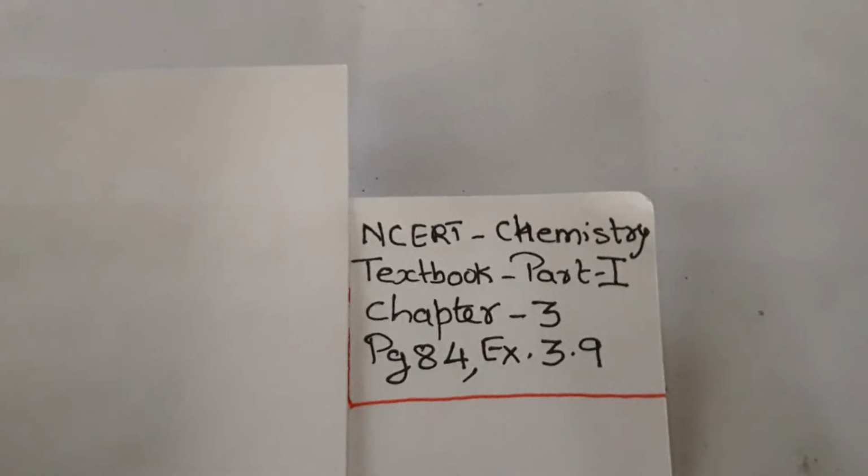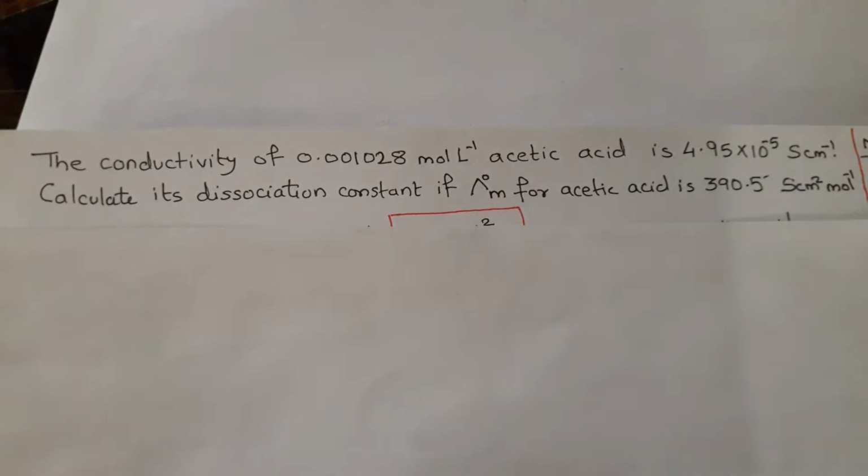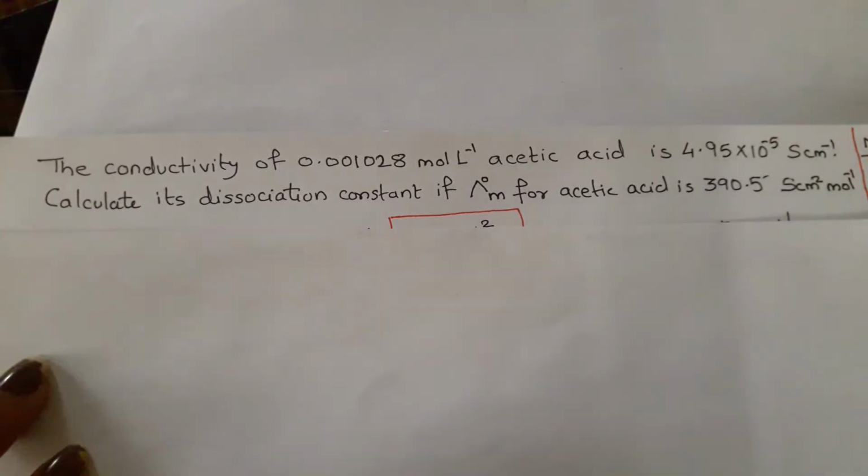Today we will solve an example from NCERT Chemistry Textbook Part 1, Chapter 3, that is electrochemistry. The conductivity of 0.001028 mole per liter acetic acid is 4.95 into 10 raised to minus 5 Siemens per centimeter.